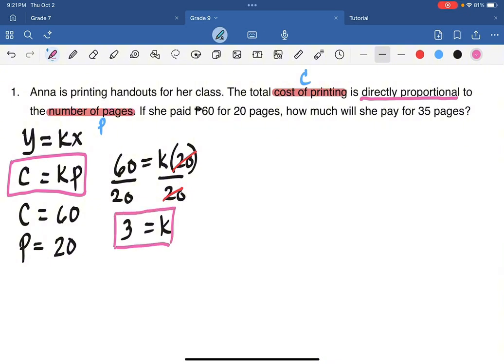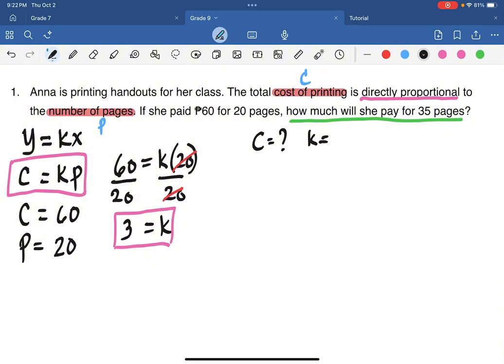Now, we have the additional part of the problem: how much will she pay for 35 pages. What is being asked now is the new c, or the cost. Based on what we have, c is missing because that is what is being asked.